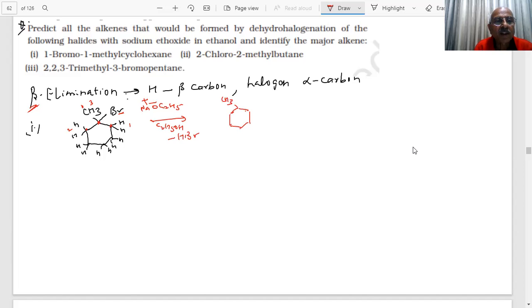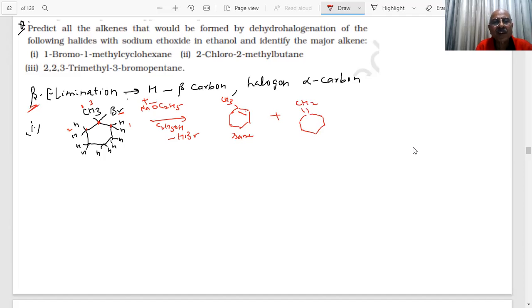If this goes and this goes, what happens? If this goes, you get the same thing. No problem, either you put here or there, it makes no difference. If this goes, students, what happens? Yes, sir, two products are possible.